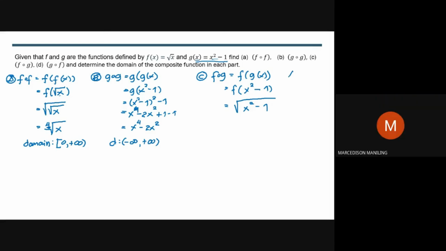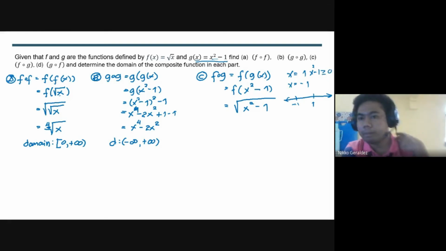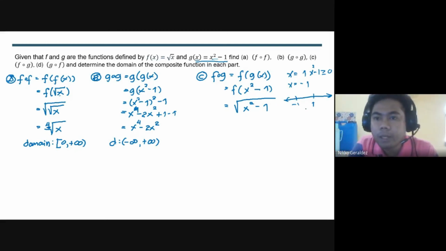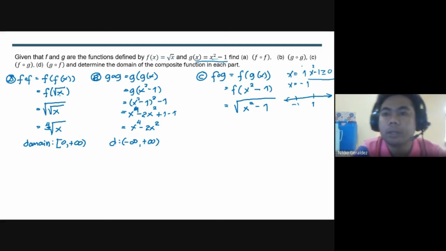The x values there are x equals 1 and x equals negative 1. So you have the intervals around negative 1 and positive 1, and your inequality will be x squared minus 1 greater than or equal to 0. So we have three intervals: negative infinity to negative 1, negative 1 to 1, and 1 to positive infinity. Please check which interval satisfies the inequality x squared minus 1 greater than or equal to 0.